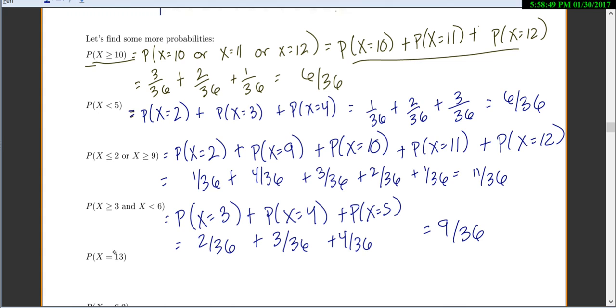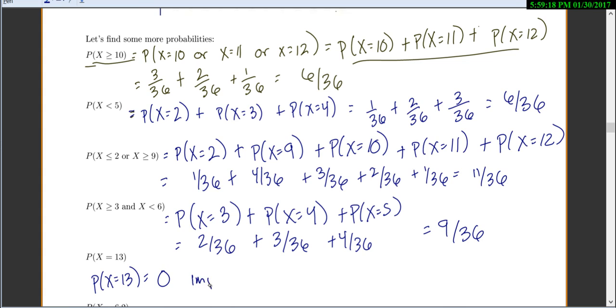And my favorite one, the probability that x equals 13. Okay, what would this be? So we'll wait for someone to give us our answer. Okay, so here in Brigham we have that it's 0 because it's not possible to get 13 when you roll two 6-sided dice.